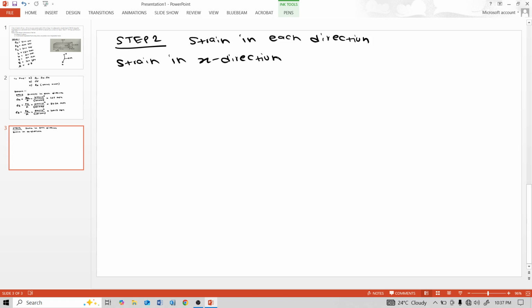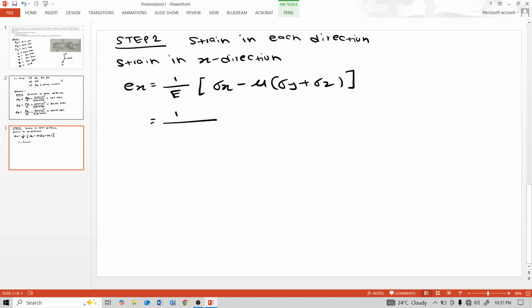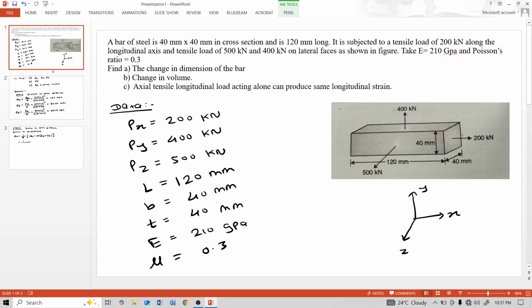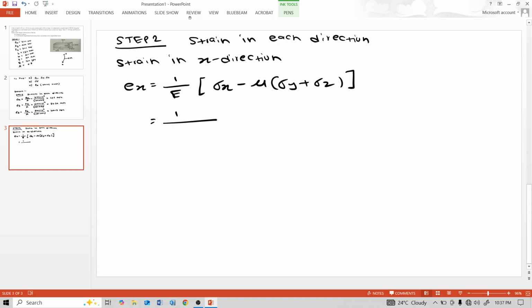The formula for strain in x direction is Ex is equal to 1 upon Young's modulus, in bracket sigma x minus Poisson's ratio, in bracket sigma y plus sigma z. This is the formula for strain in x direction. 1 upon Young's modulus, which is 210 into 10 raised to 3 MPa.